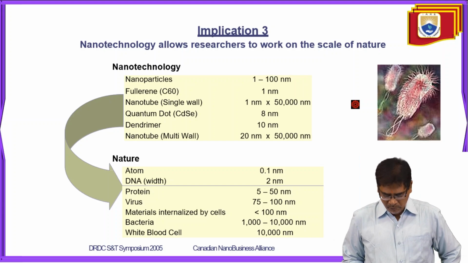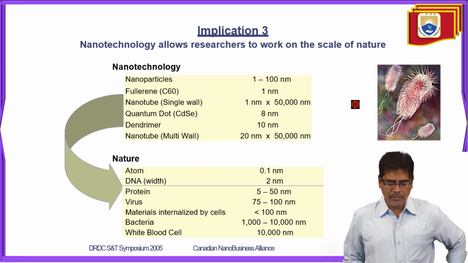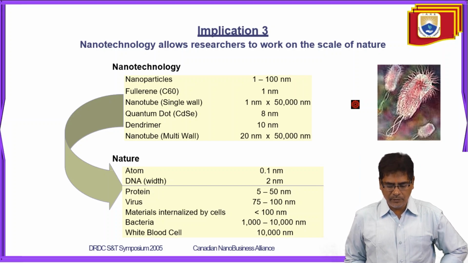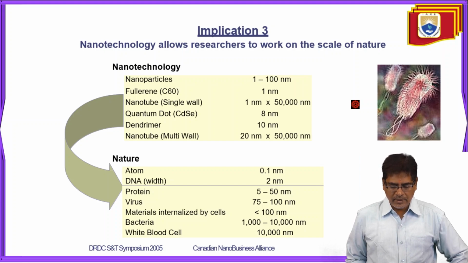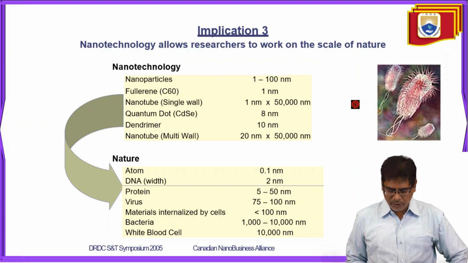Okay, 1 to 100 nanometers. Fullerenes, carbon nanotubes, which are 1 nanometer. Nanotube, single wall, 1 nanometer to 50,000 nanometers. Quantum dot, cadmium selenium, 8 nanometer. Dendrimer, which is 10 nanometers. Multi-wall nanotube is 20 nanometer into 50,000 nanometer.